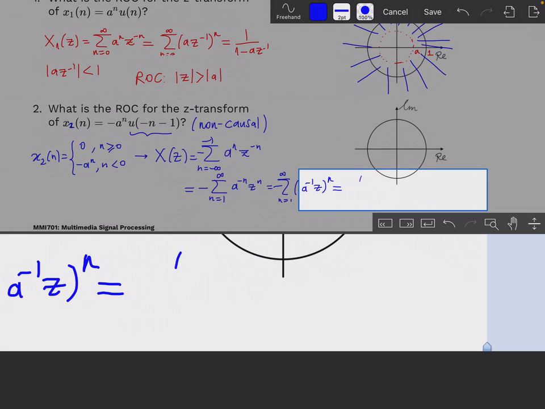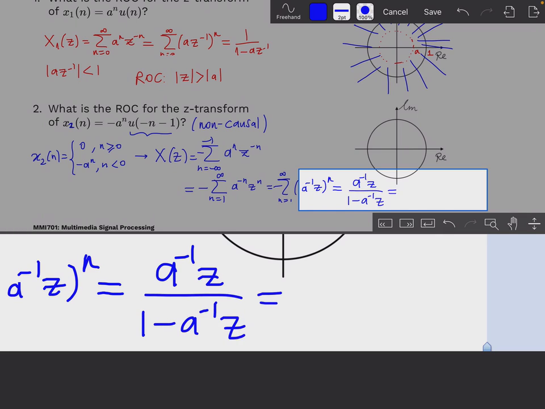So it's going to converge to minus a to the power minus 1 z over 1 minus a to the power minus 1 z, which is equal to, again, 1 over 1 minus a z to the power minus 1.